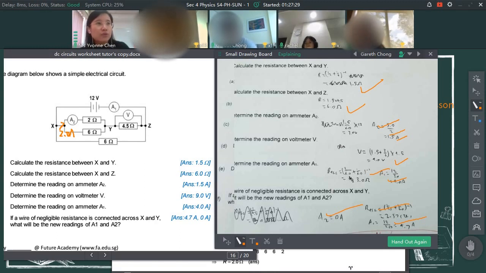Class, I hope you can learn the way the working shall be presented from Gareth's work. His working is very clear with the correct unit, with the substitution step and final answer, which is very good.